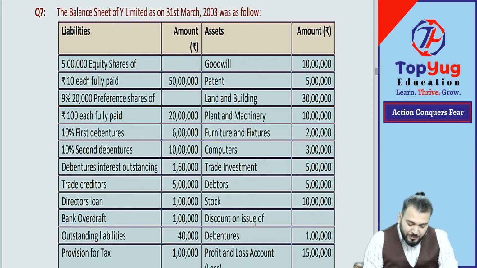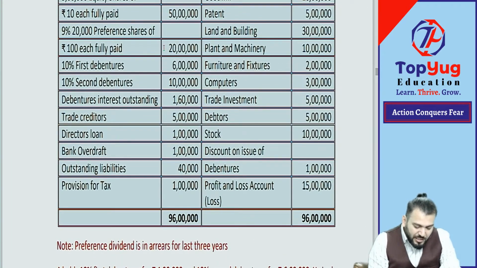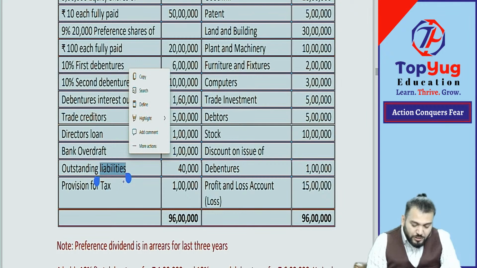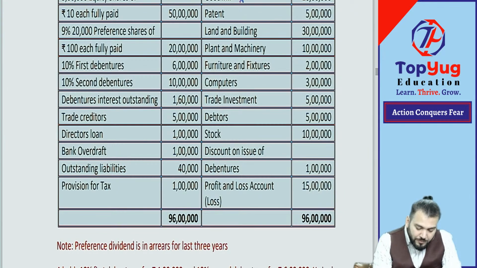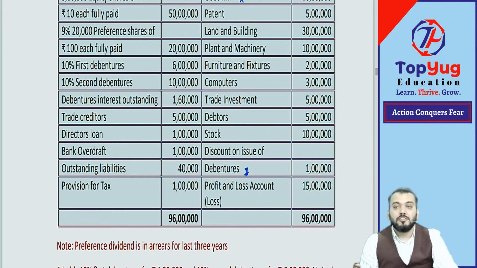You can see the balance sheet has been given: equity share capital, preference share capital, 10% first debenture, 10% second debenture, debenture interest outstanding, trade creditor, director's loan, bank overdraft, outstanding liabilities, provision for tax, goodwill, patent, land and building, plant and machinery, furniture, fixture, computer, trade investment, debtors, stock, discount on issue of debenture. Understood? This discount on issue of debenture is an expense which is not yet written off.